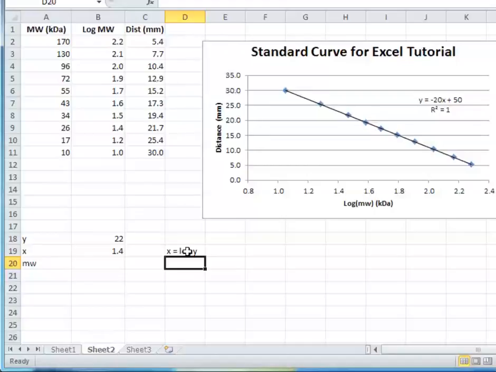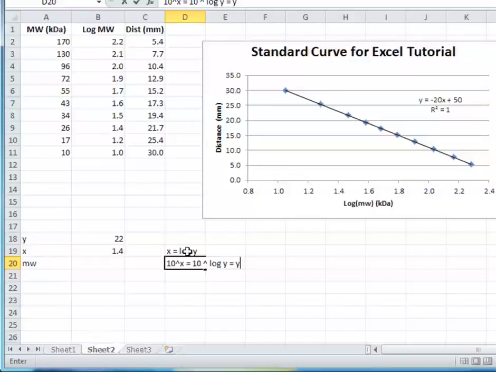If I know what x is, I can figure out y by taking both sides of the equation and raising 10 to the power of that side. So 10 to the x is equal to 10 to the log of y. And 10 to the log of y, using log base 10, is simply y itself.